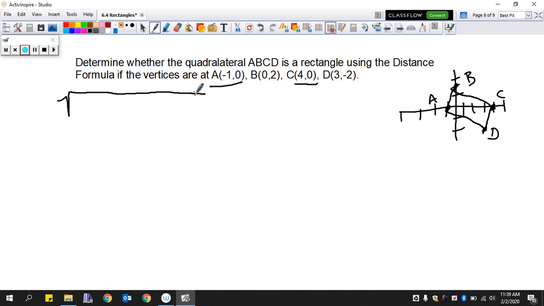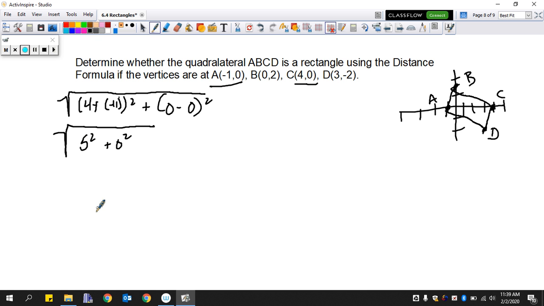I'm going to go 4 minus -1 squared plus, once again, 0 minus 0 squared. Okay. 4 minus -1, 4 plus 1 is 5 squared plus 0 squared. And square root of 25, which is 5.